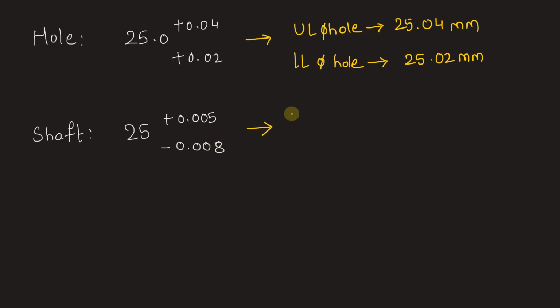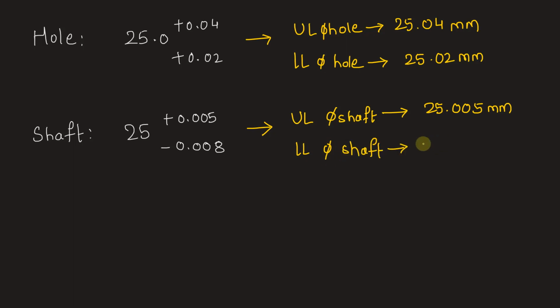Thus, we can similarly calculate upper limit of diameter of shaft or diameter of pin is 25.005 mm and its lower limit is 25 minus 0.008. That gives us 24.992 mm.